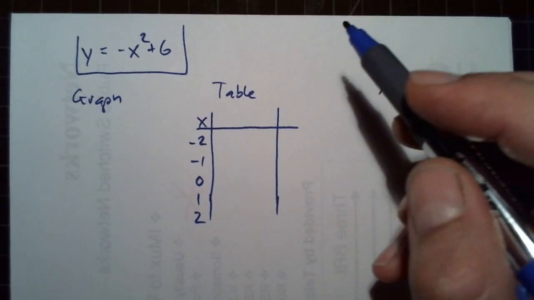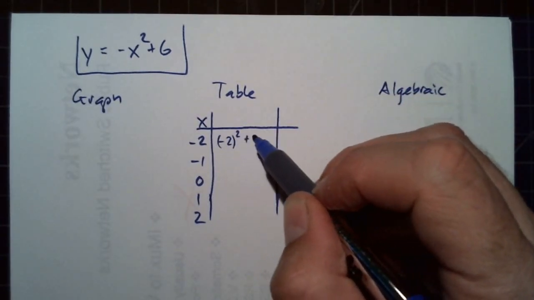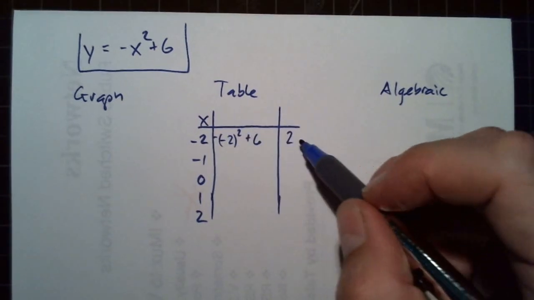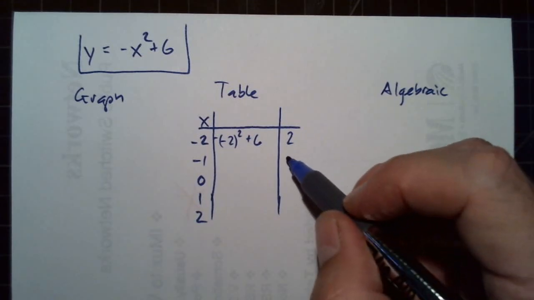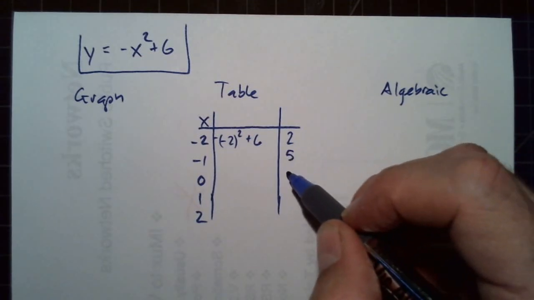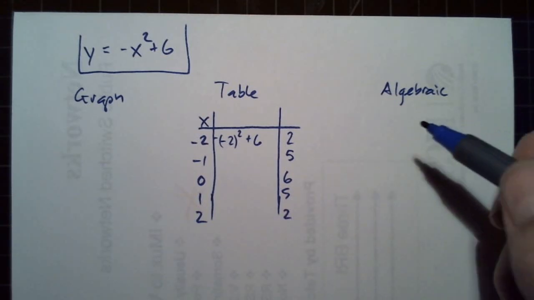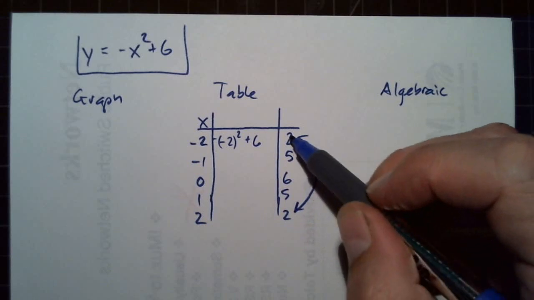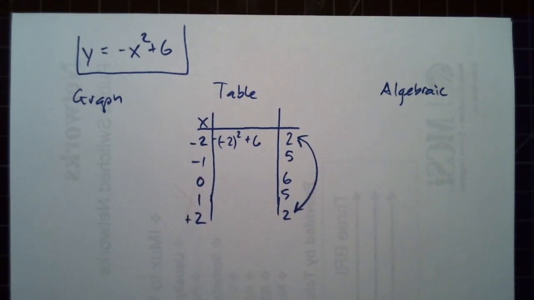So if we put a negative 2 in there, negative 2 squared plus 6, it's going to be 4, negative 4, and we get 2. Continuing that, we'll have 2, 5, 6, 5, 2. And here we see the same y value with different signs on the x value.